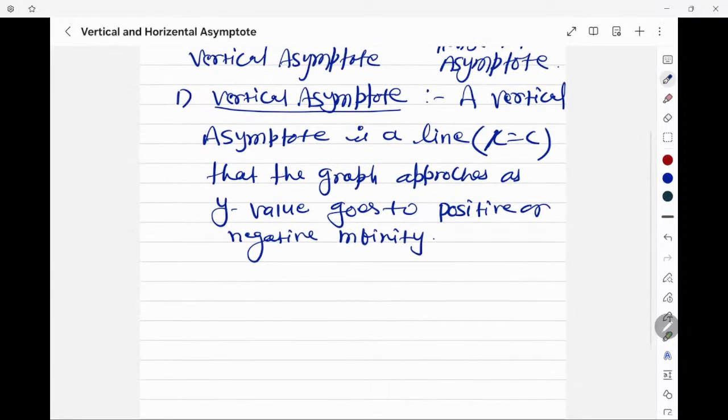So this is the vertical asymptote, and a vertical asymptote is a line which the graph doesn't touch.